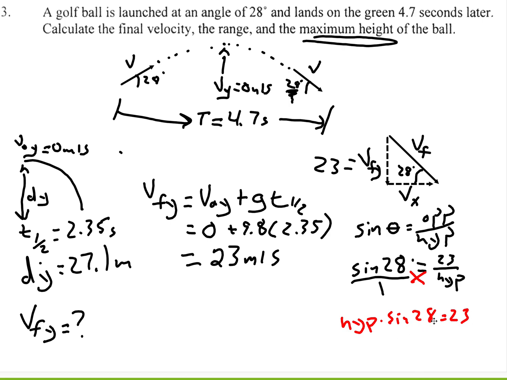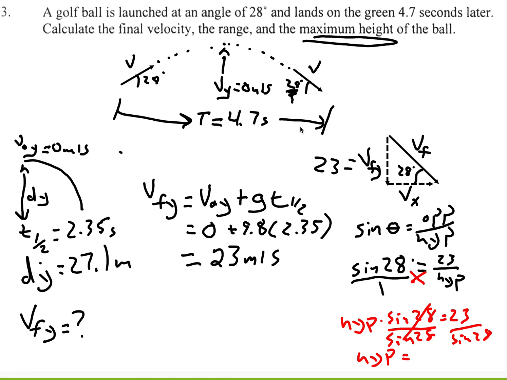Now how would I get rid of the sine of 28? You would just do what to both sides? Divide. So I'll divide both sides by the sine of 28. Those will disappear, and I'll end up with the hypotenuse is equal to 23 divided by the sine of 28.